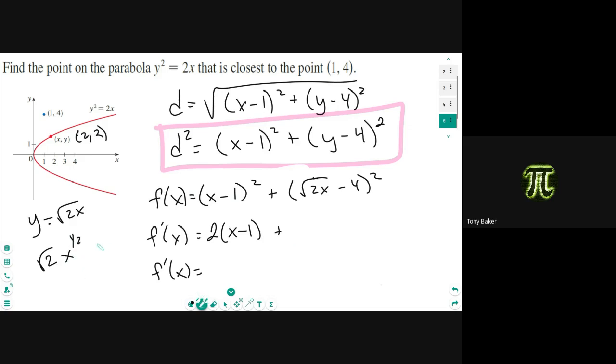I've got square root of 2 over 2 square root of x. So square root of 1 over 2x.